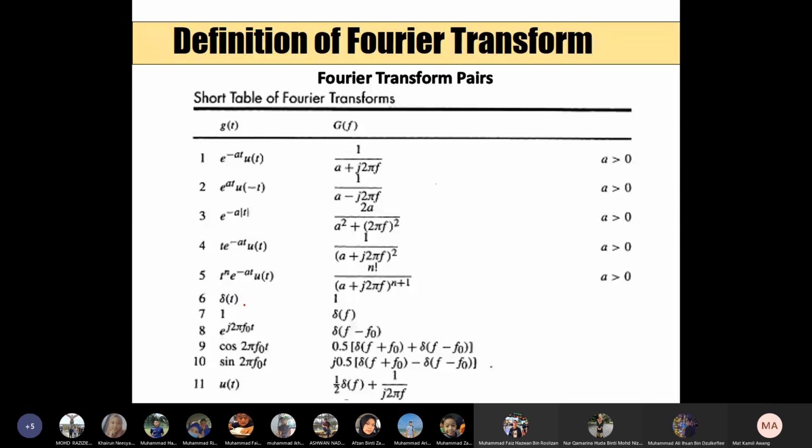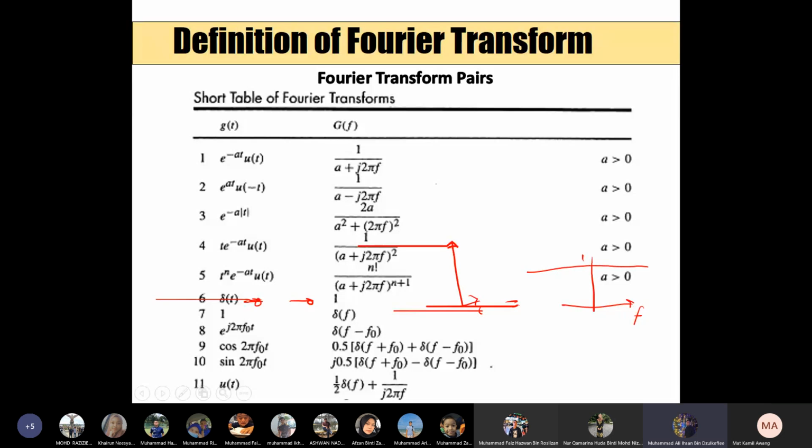If a pulse in time domain, an impulse, will give you a 1 in frequency domain. So basically if in time domain you have a pulse like that, in frequency domain you get 1.